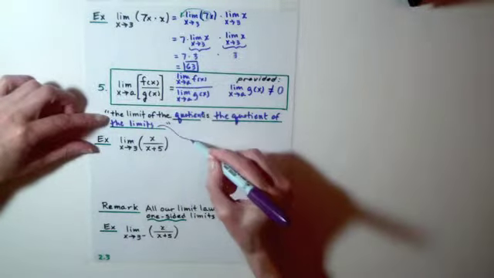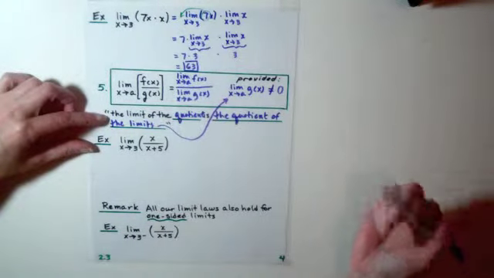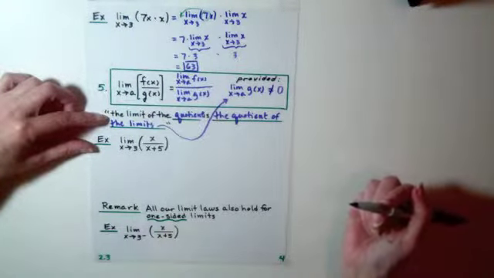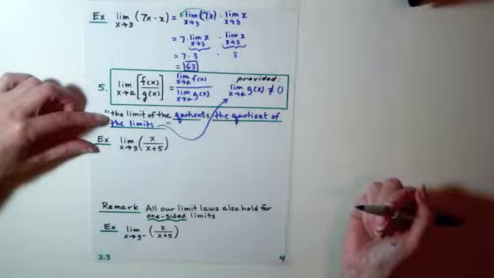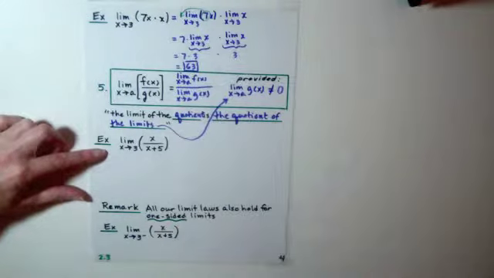If we were to complete this sentence formally, we'd have to say provided the limit in the denominator is not 0, provided the limit as x approaches a of g of x doesn't turn out to be equal to 0.